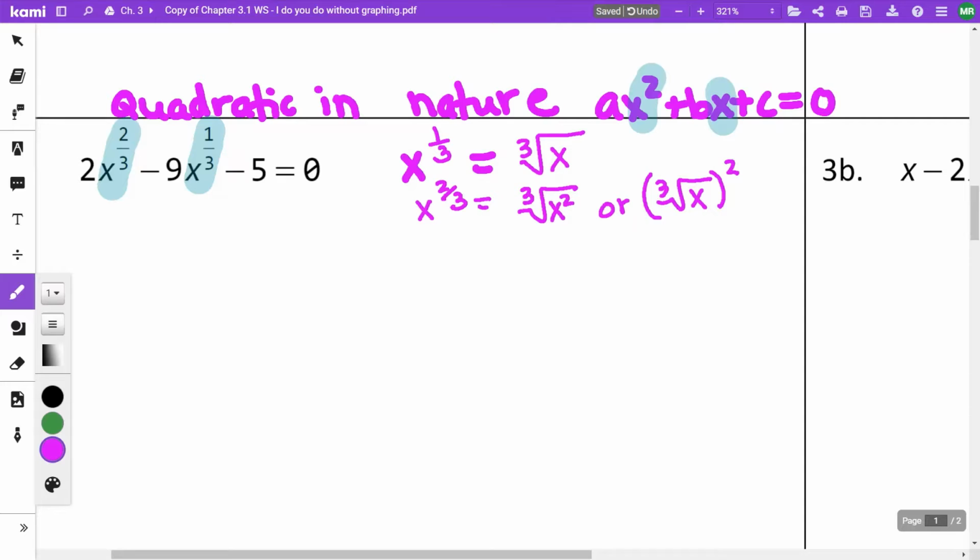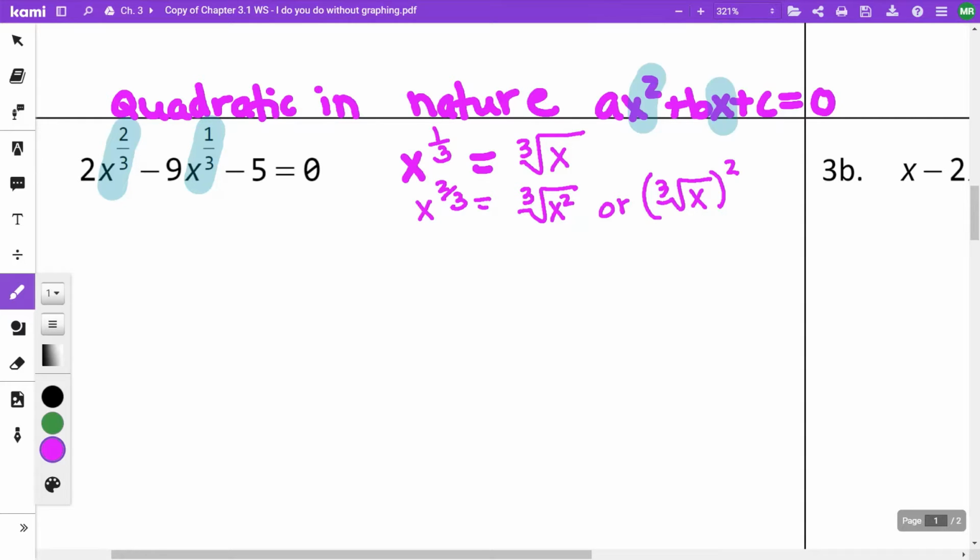So any fractional exponent is a root. The numerator is the power you're raising, the denominator is the root you're taking.